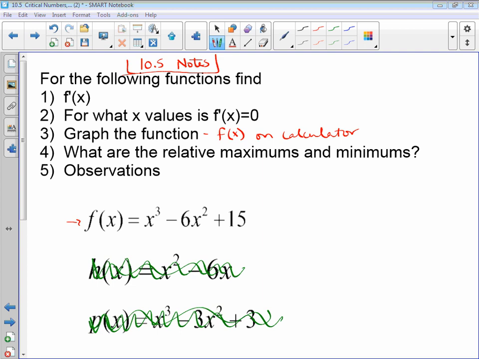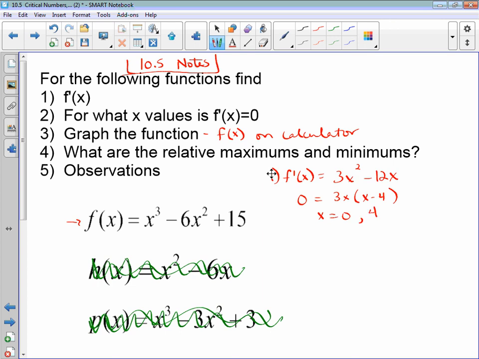Are you guys ready to talk about this one? Yes? Okay. So let's find f prime of x. I'm assuming you guys all use shortcuts. And you got 3x squared minus 12x? Yes? Okay. Then find where f prime of x equals 0. So that means I'm going to factor. And did you get 0 and 4?